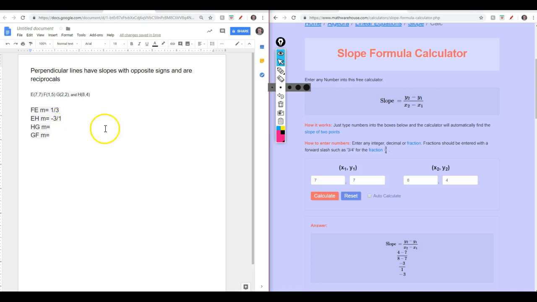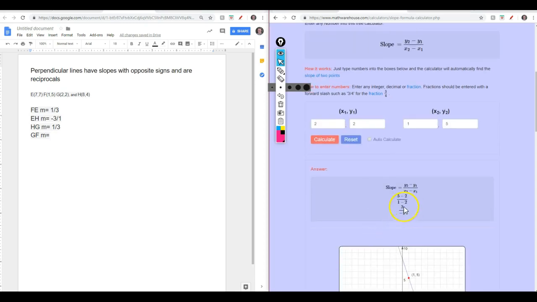So then side length HG, slope is going to be 1/3, and GF, since point G is right here, point F is going to be (1,5). Calculate, that's just -3/1.